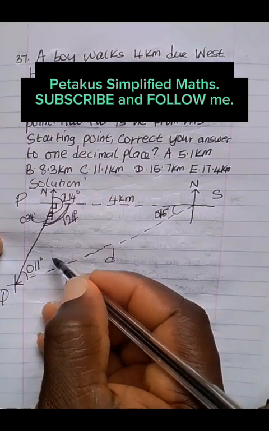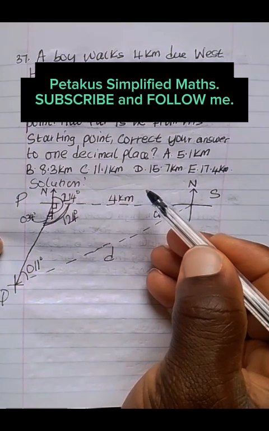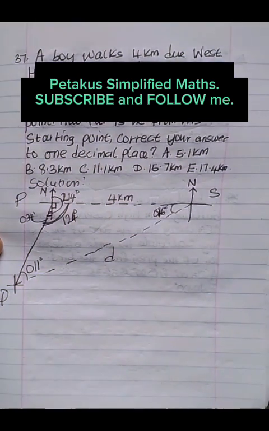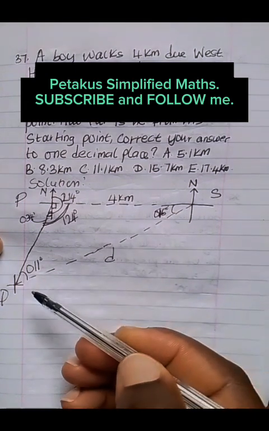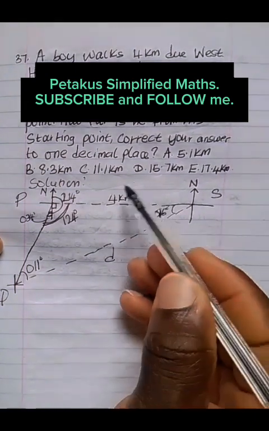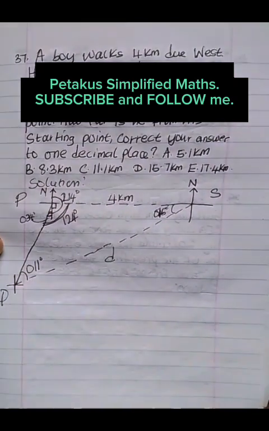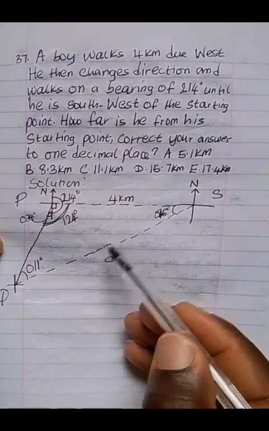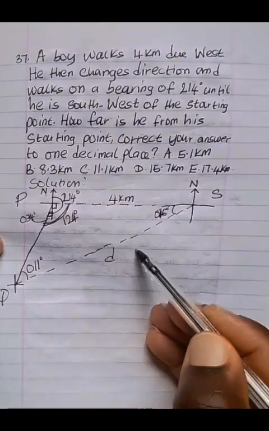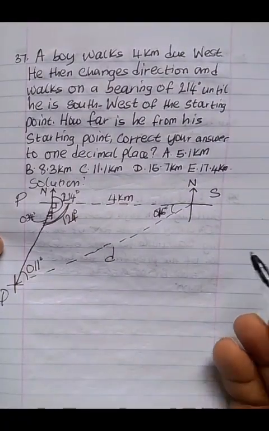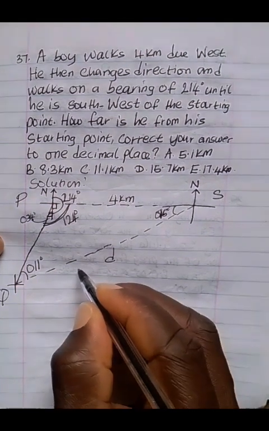So, by sine rule, why is this angle needed? This angle is needed because this side is given, and for you to apply sine rule, you need a complete pair in terms of the side and the angle opposite it. In order to get that, the angle opposite this side must be known, which is 124 degrees.